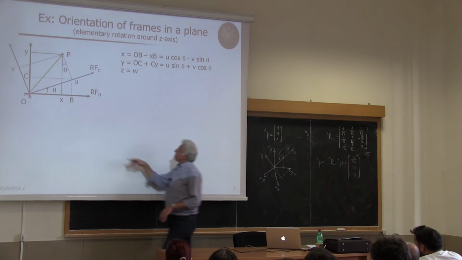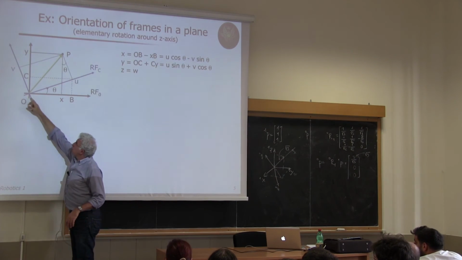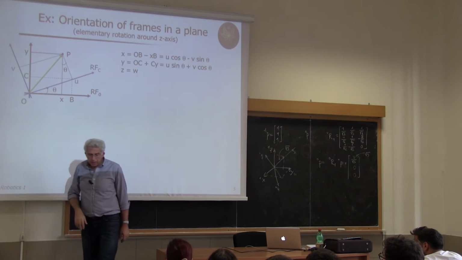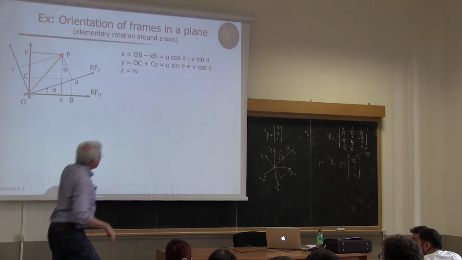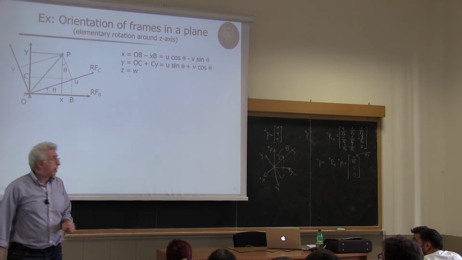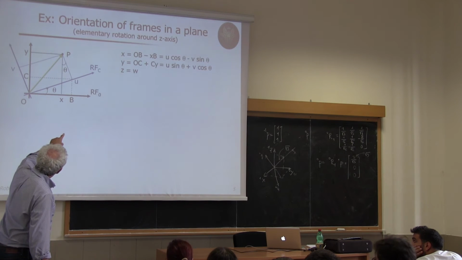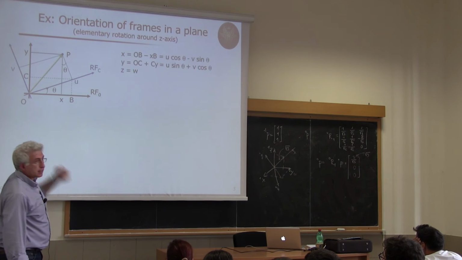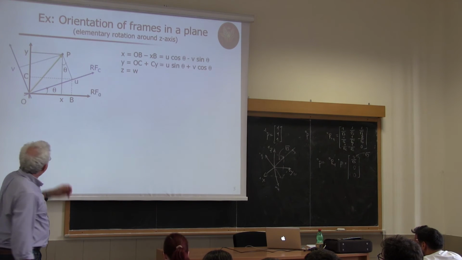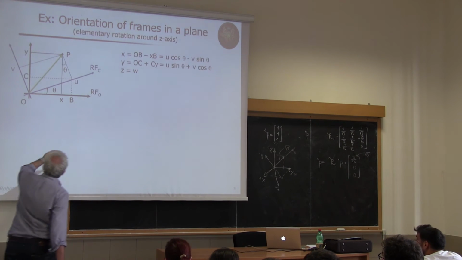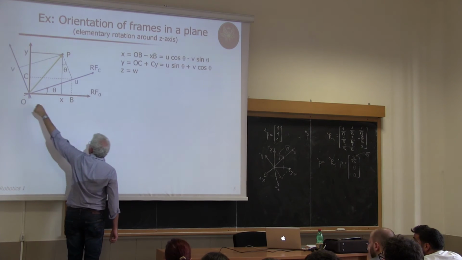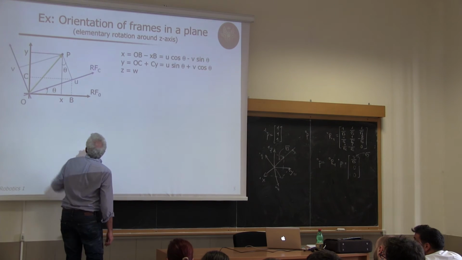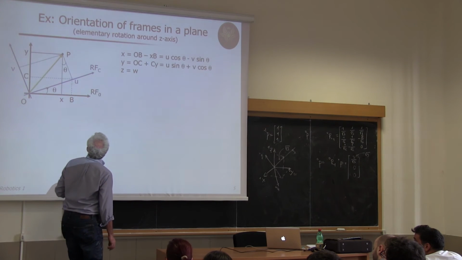And suppose that of this vector that goes from the common origin, you see that there's a common origin here, to that point P, I know its coordinates in the rotated frame. So I know what is called here U, V, and W. W would be the z-axis. Okay. Now I know these numbers, U, V, and then whatever is z, and I want to compute the black numbers x, y, and z.